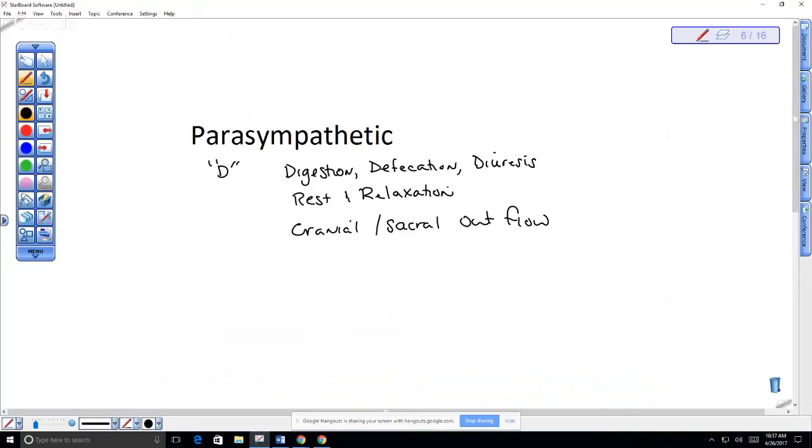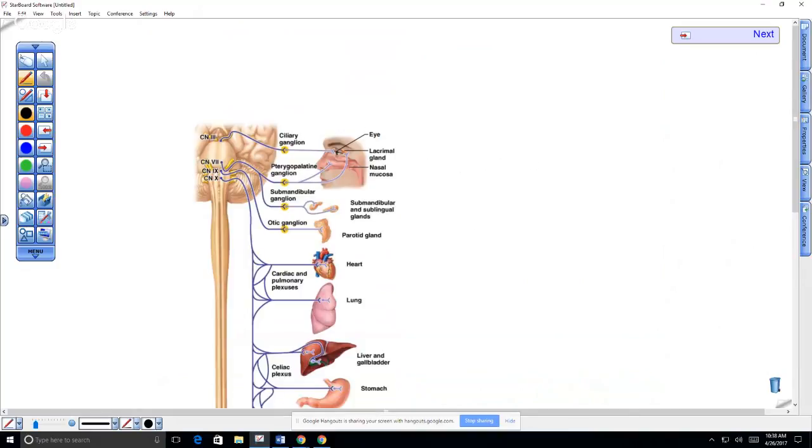And if you remember that there are some cranial nerves that have a parasympathetic function. So if we look at the cranial nerves, this would be cranial nerve number 3. Does anybody remember what cranial nerve number 3 is? Oculomotor, excellent.